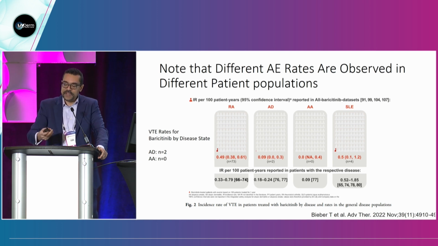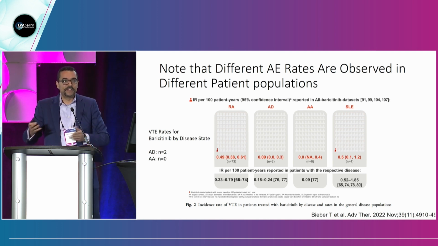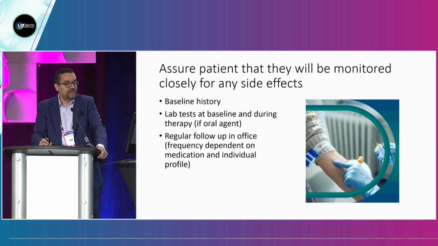So again, I convey to the patient that risks vary by population, and try to make it specific to them. Once again, it doesn't mean you throw the warnings out the window. We're still going to be vigilant and do our appropriate baseline and ongoing monitoring, and assure the patient that you'll do that.